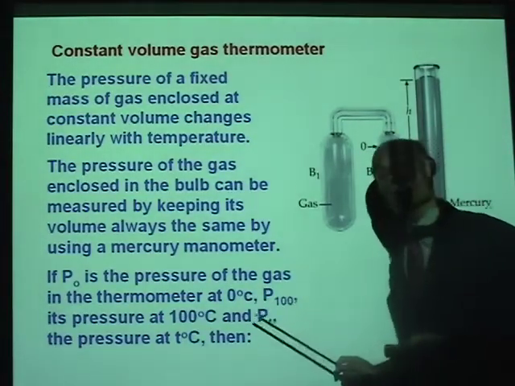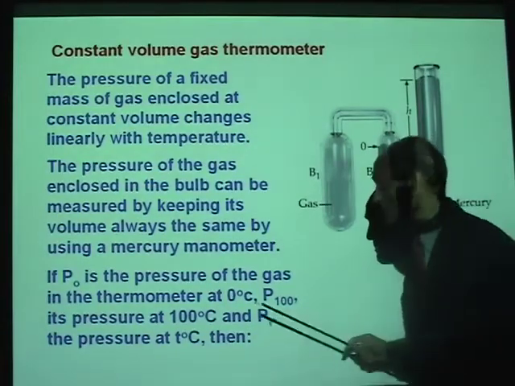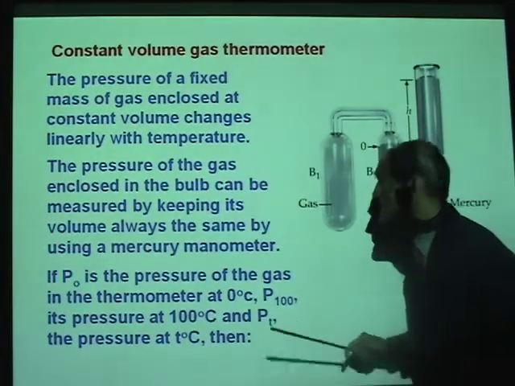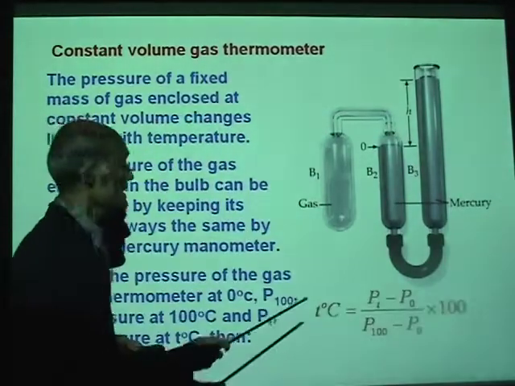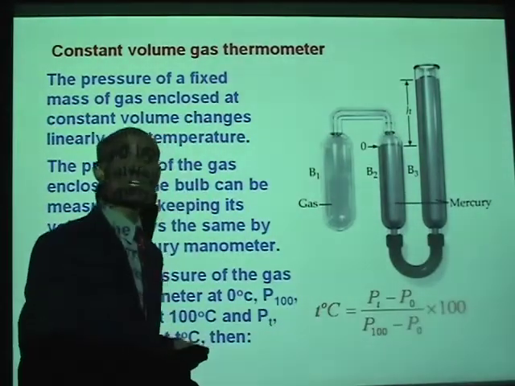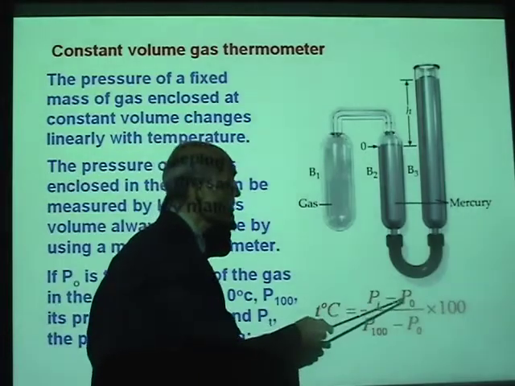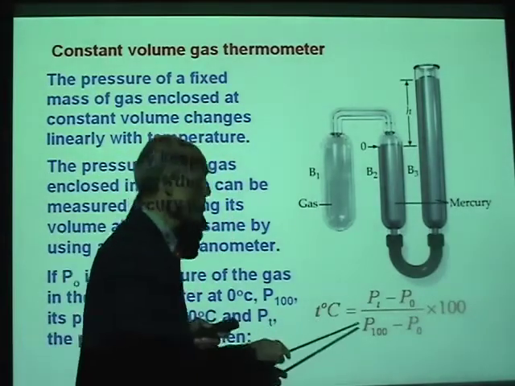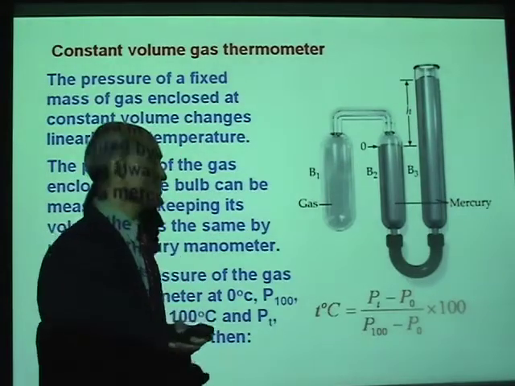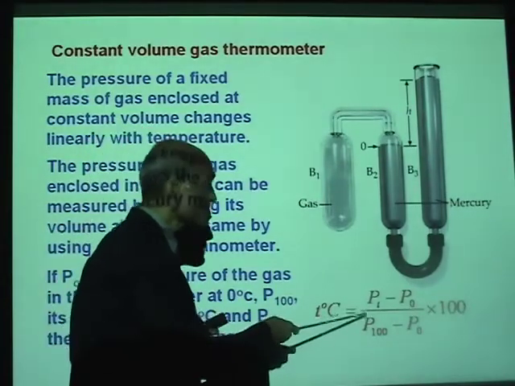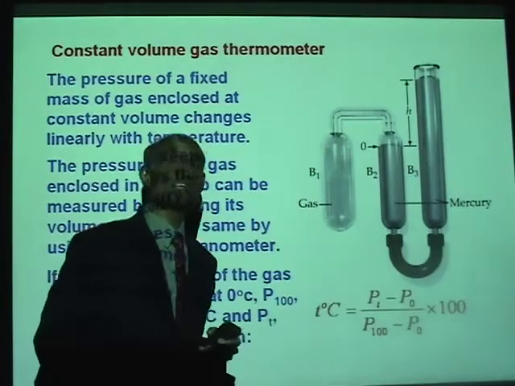And at any given temperature, if the pressure is PT, then you have a similar relationship in here. T degrees Celsius equal to PT minus P0 over P100 minus P0 multiplied by 100. It's a similar relation that we saw earlier.